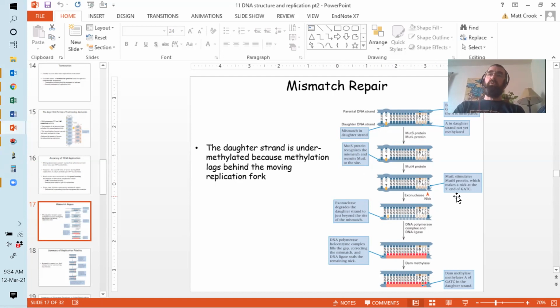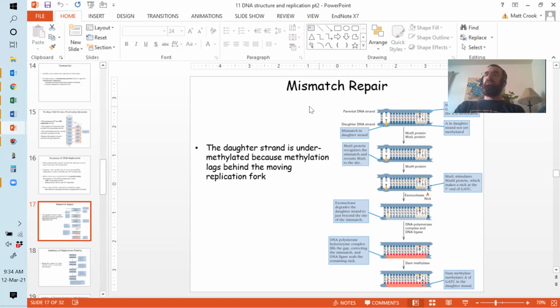And you don't get that immediately after DNA replication, it takes time for the enzymes to come along and copy those marks, right? And so the only way that you can recognize which is the old strand, the correct one, and which is the new one, the incorrect one with the error, or the daughter strand, is if that methylation hasn't happened yet.